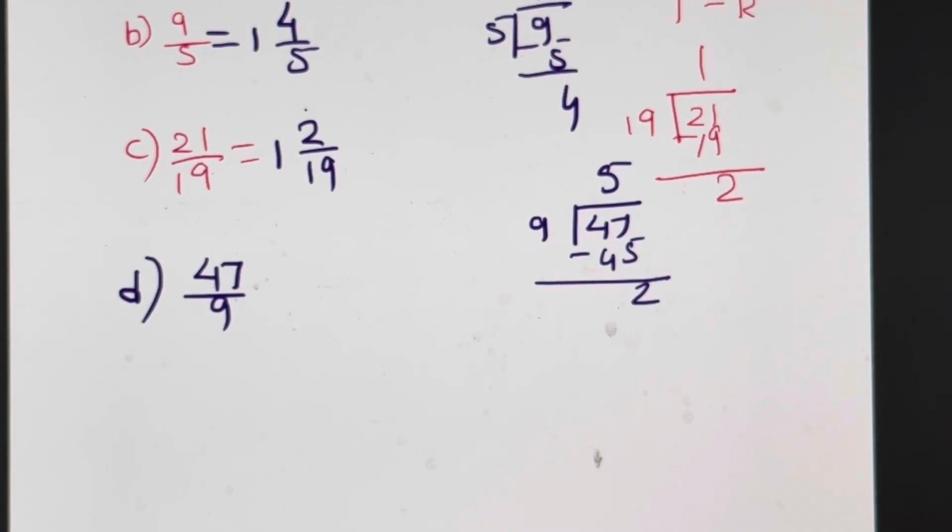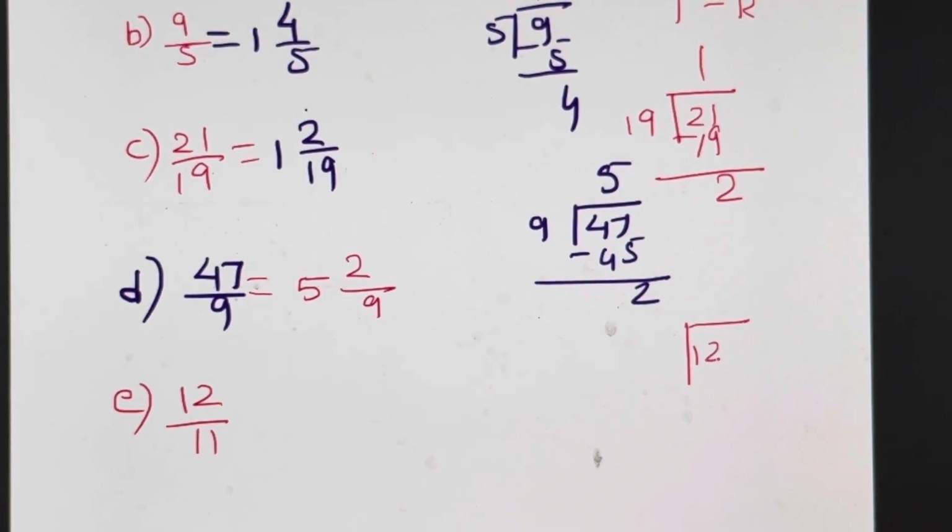So the answer which you get is 5 whole, the Q, the quotient, and the remainder over 9. 5 whole 2 upon 9 is the answer of D. Now question number E, 12 upon 11. So we divide 12 by 11. 11 ones are 11. Remainder is 1. So you get 1 whole 1 upon 11 as the answer.